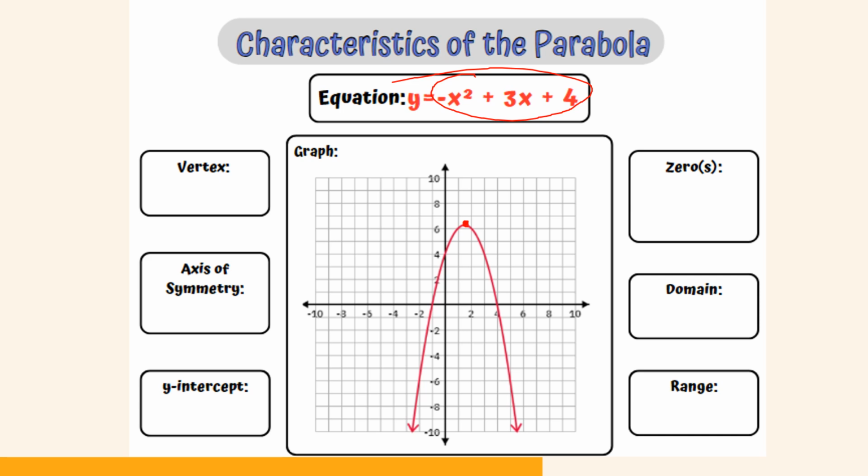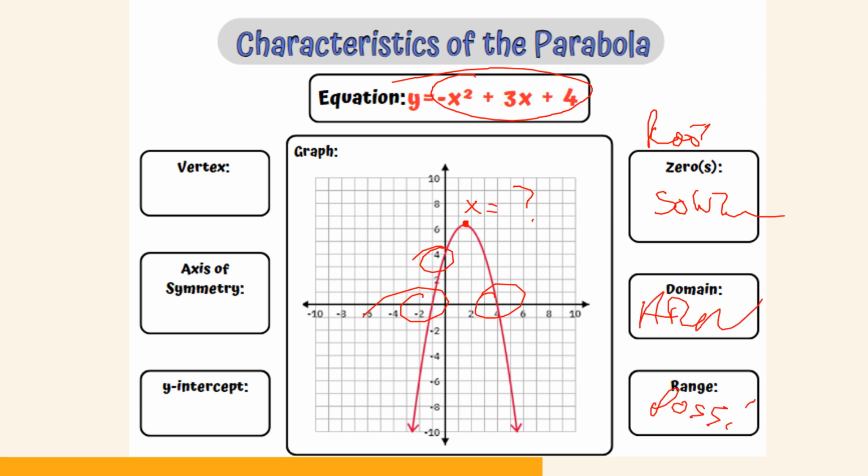Your axis of symmetry is whatever x is here. Your y-intercept is where it crosses the y-axis. Your zeros is where it crosses the x-axis. That's also your roots and your solutions. Your domain is always going to be all real numbers, and that's all your possible answers.